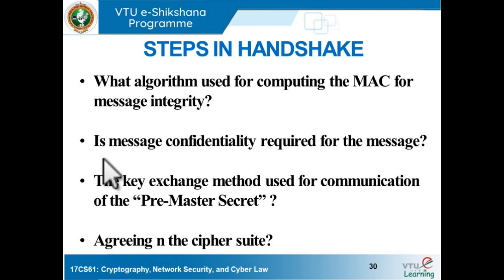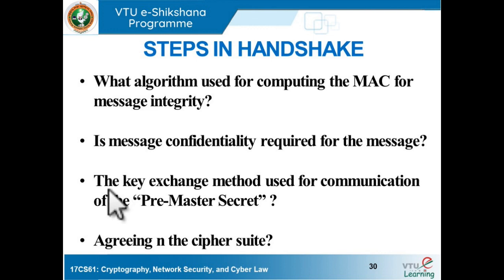It could be DES, triple DES, AES, RC4 and so on. Now after deciding that confidentiality is required and also deciding the encryption algorithm, we need to decide upon the key length. What is the actual key length that will be used in order to achieve this confidentiality has to be decided in this particular step 1 of the handshake.